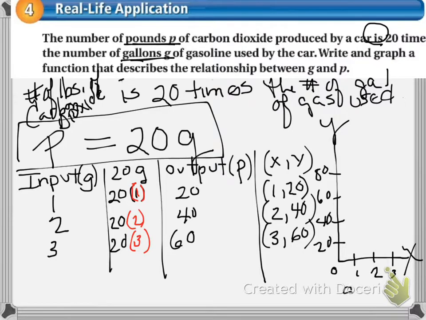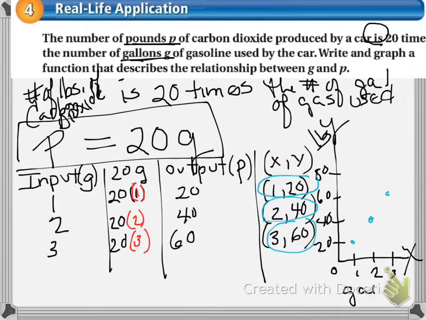And remember, these are the gallons and these are the pounds. So let's graph. My first coordinate, and I'll do a different color so you can see. The first one I'm going to graph is 1 comma 20, which is about right there. The second one, 2 comma 40, which is about right here. And last 3 comma 60, which is about there.